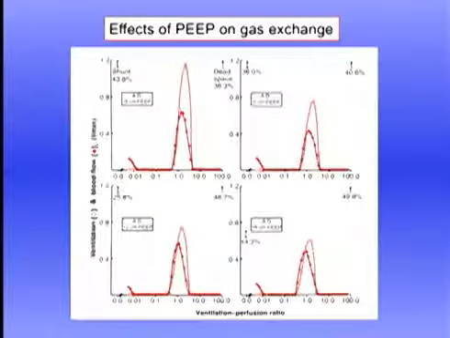And you can see here that on the top left we've got the situation with no PEEP, okay? And the distribution looks moderately normal, a bit of blood flow to unventilated lung, but look, the shunt was 43.8%. So enormous shunt, enormous amount of cardiac output going to unventilated alveoli.